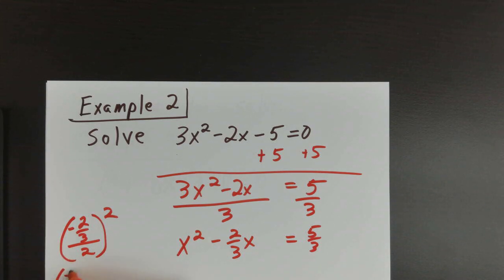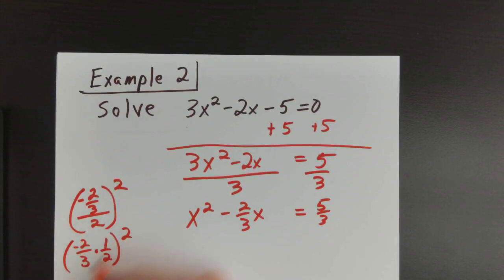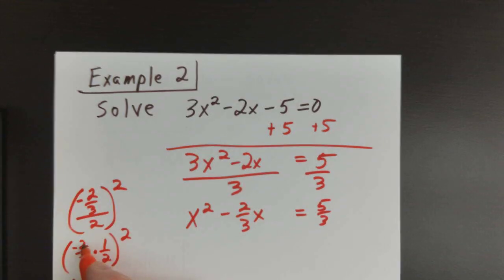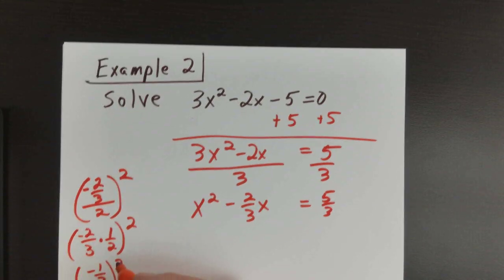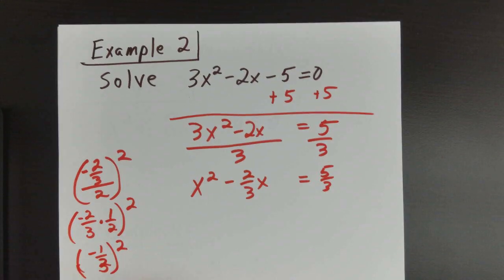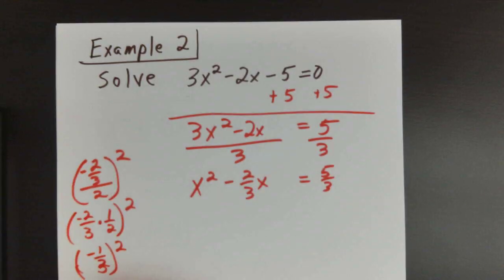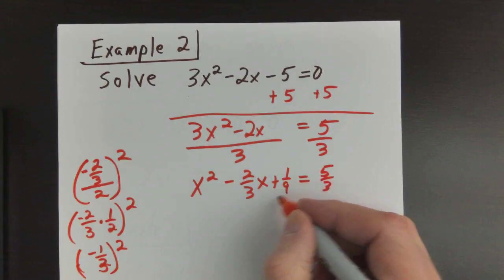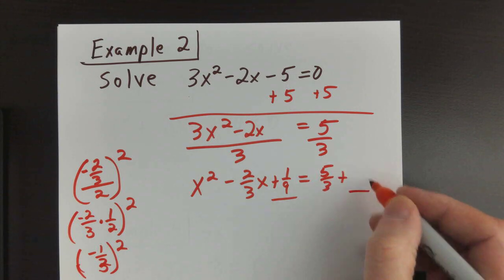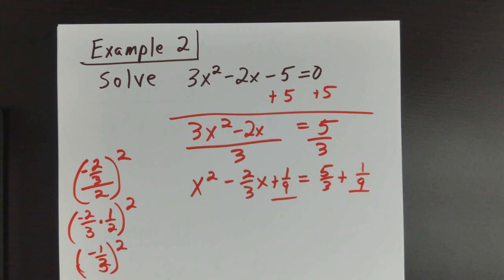I'm going to rewrite that real quick. That's negative 2/3 times a half, squared, which is, the 2's cancel, negative 1/3 squared. And when you square that, you get 1/9. So to complete the square, I'm going to add 1/9 to both sides.